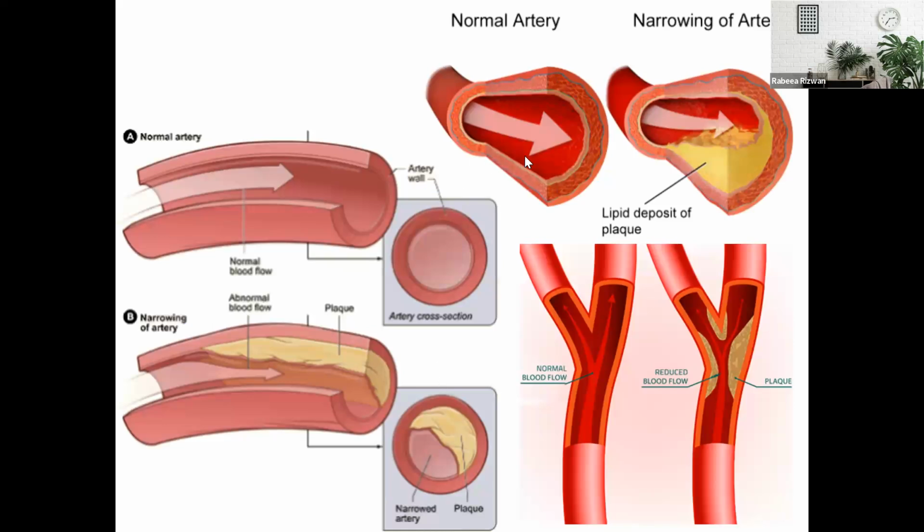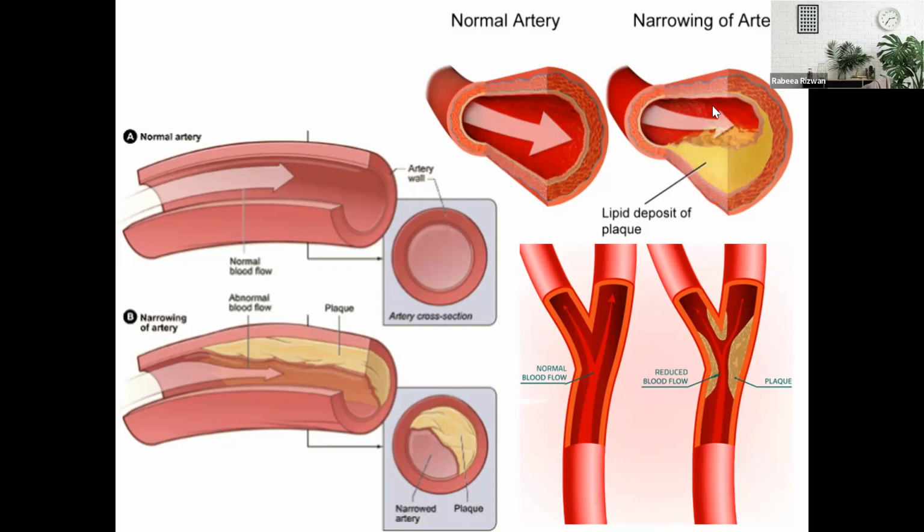Here is the explanation of how the vessels are affected. The major cause is atherosclerosis, which I will discuss in another slide later on. So what happens in this case? Fat starts to deposit along the walls of the vessels.